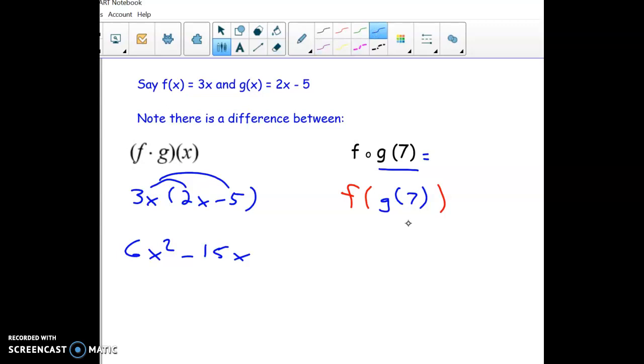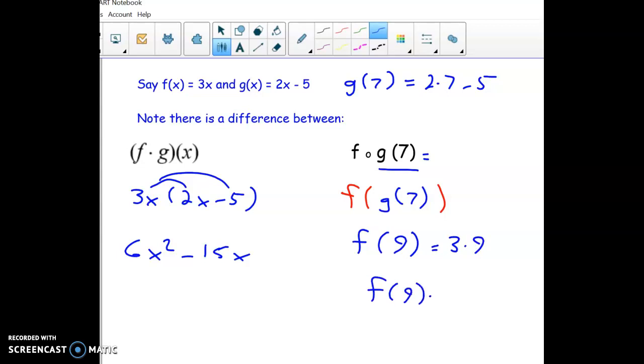So g of 7 would be 2 times 7 minus 5. So 14 minus 5 would be 9. And then we take that into f, which just multiplies by 3. So f of 9 is 27. So our overall answer to this thing is 27.